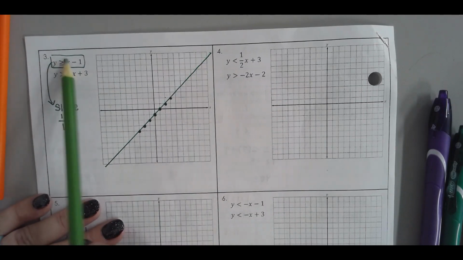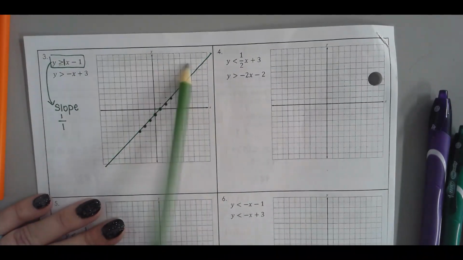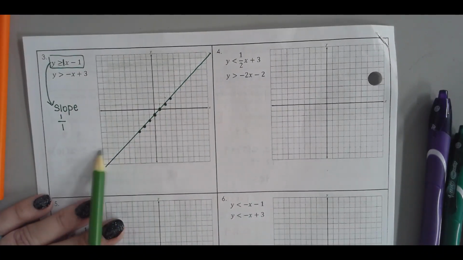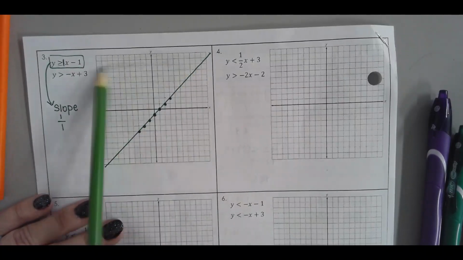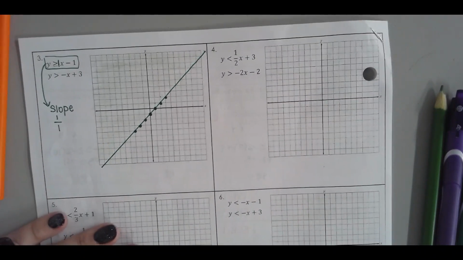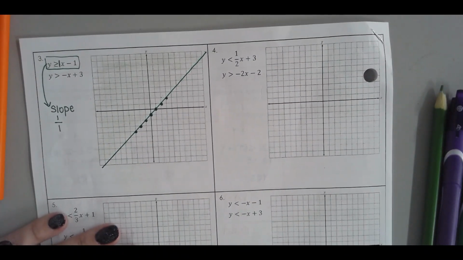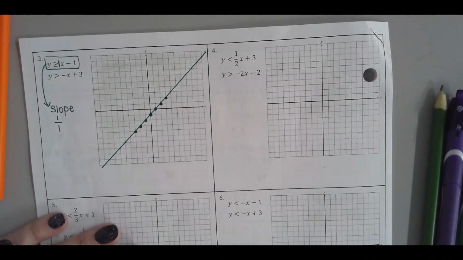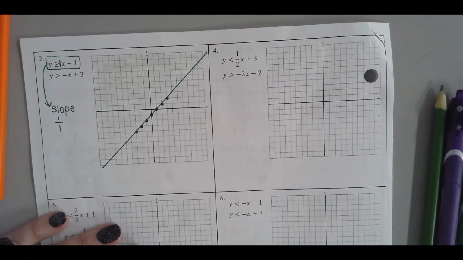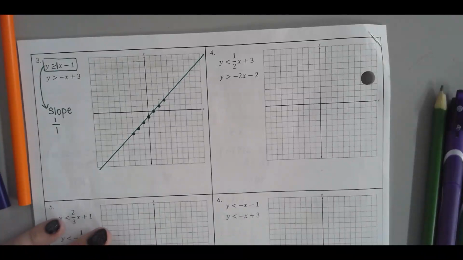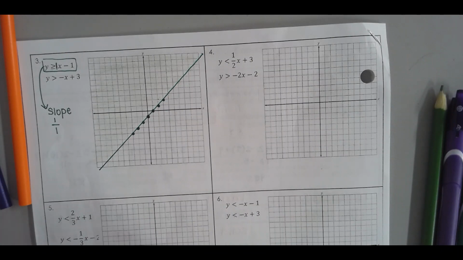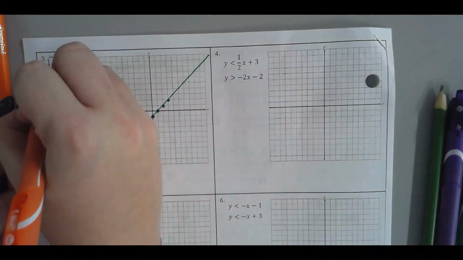Because it's a greater than or equal to. So real lightly shade above that line. Then we're ready for the second line.